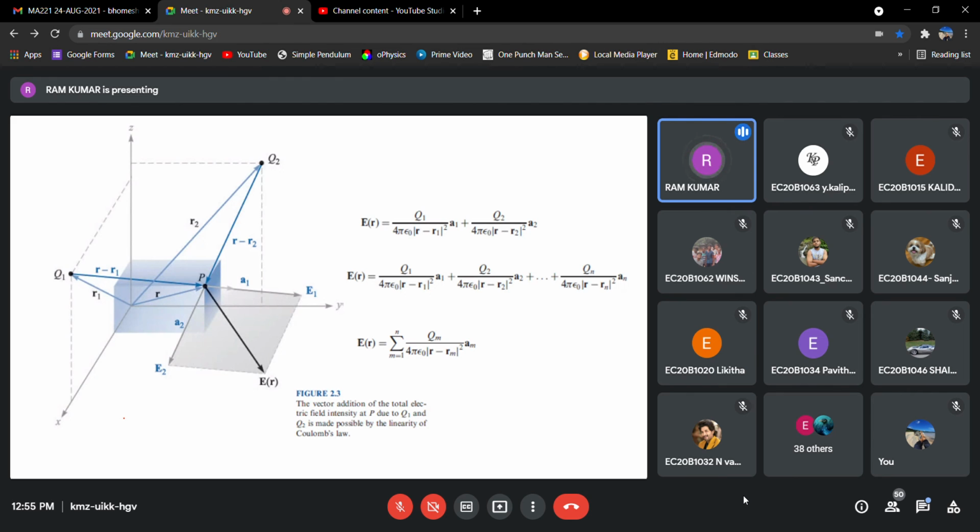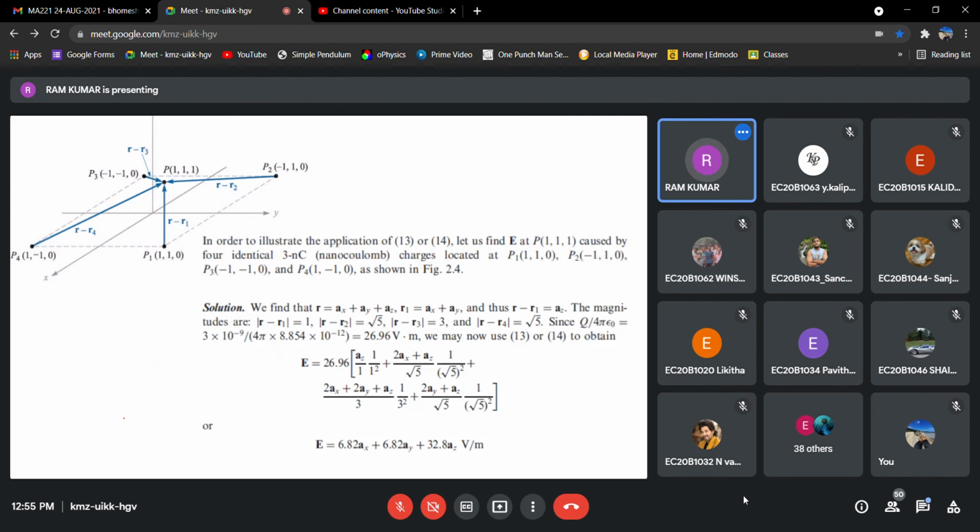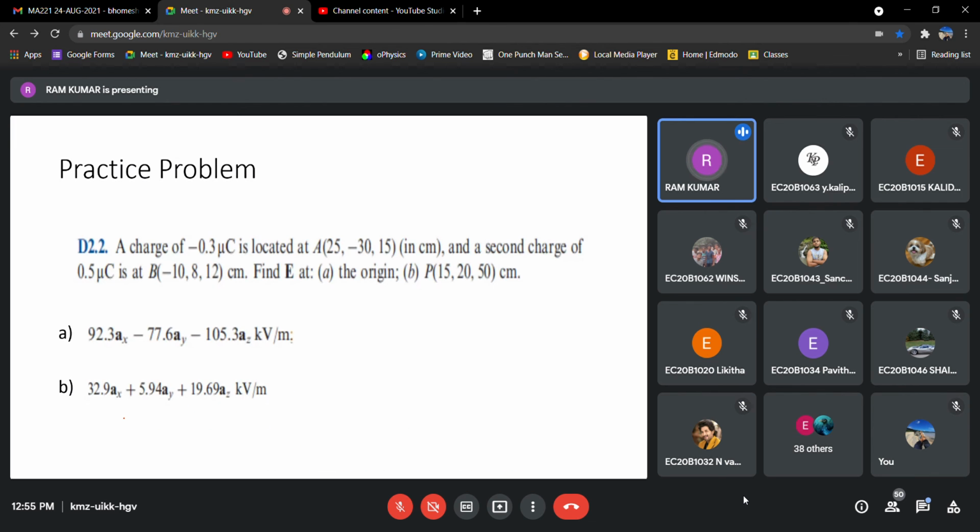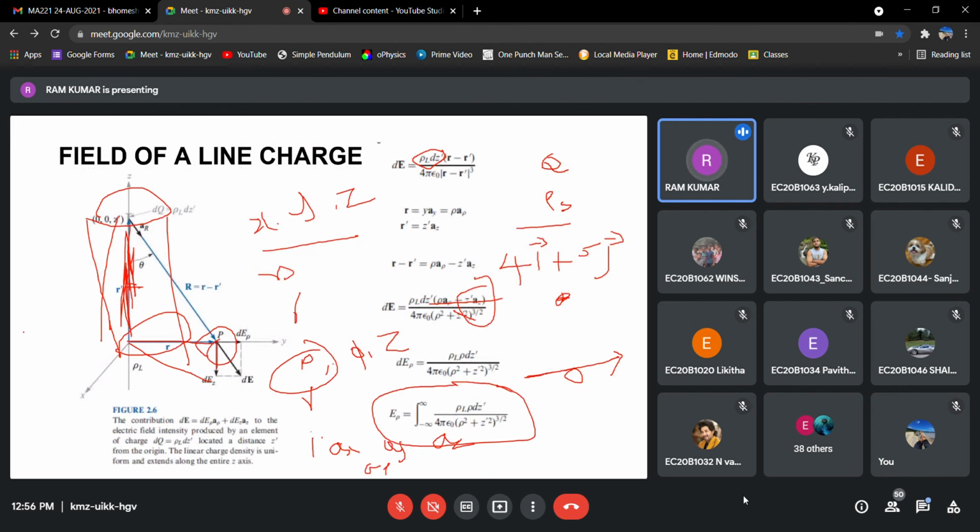So we can measure the field not only due to a point charge but also a line charge. So we have point charge Q, line charge rho L, and surface or sheet charge rho S. Due to these charges, we can measure the electric field intensity at any point around them through the mathematical equation.